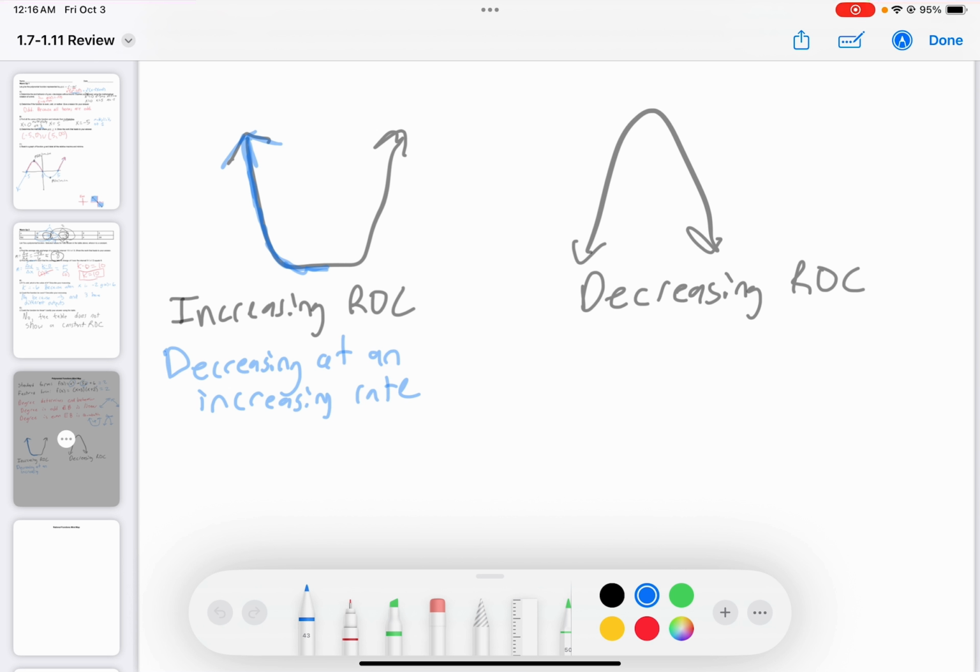Right? And from this red interval, well, we're going up. And the rate of change is increasing because it's concave up. So we could say we're increasing at an increasing rate.